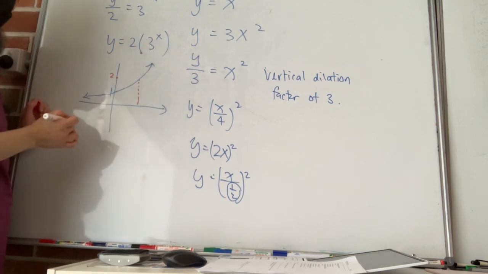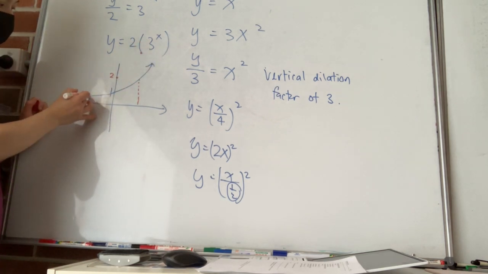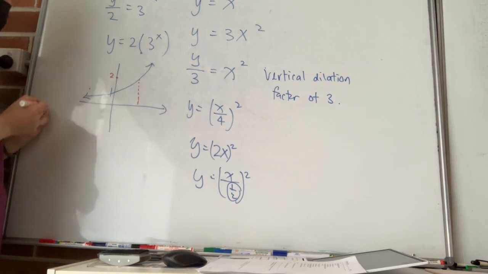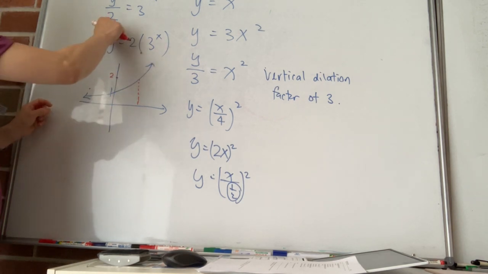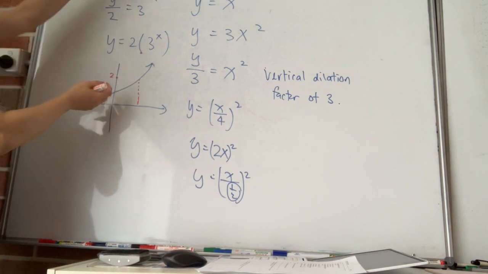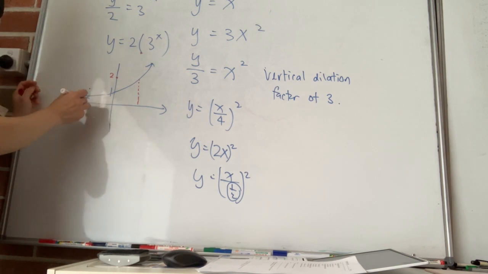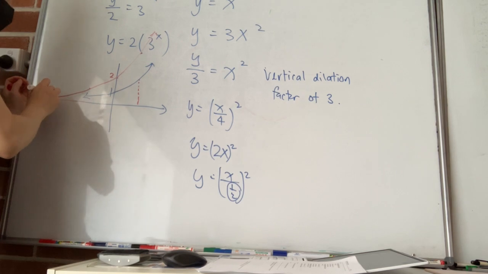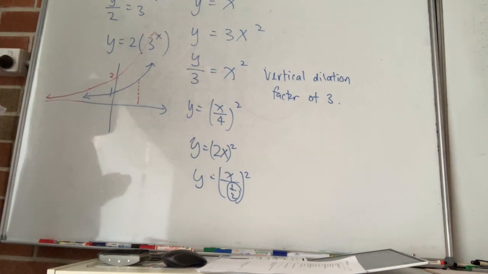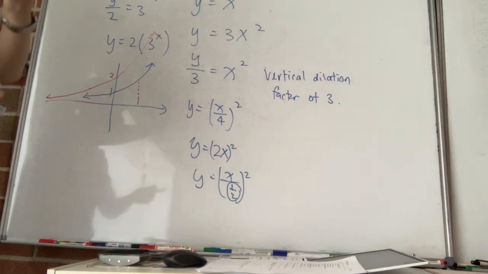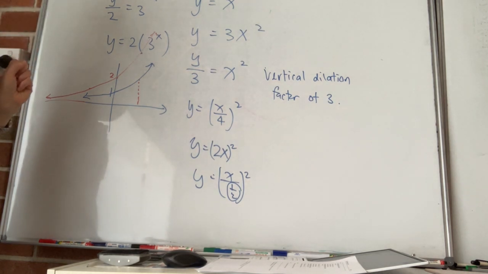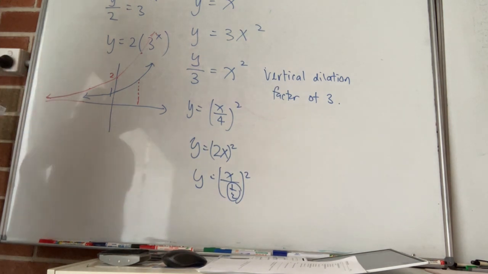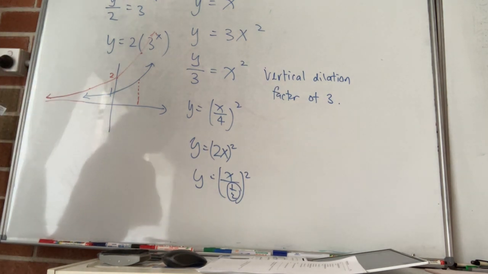So it's going to be here. Even this little point in here is going to double up. So the factor of 2 means you pull everything up by 2. It's still going to be really close to here, except going up that way. Does it make sense? So dilate vertically means you're pulling up. Good? Okay.